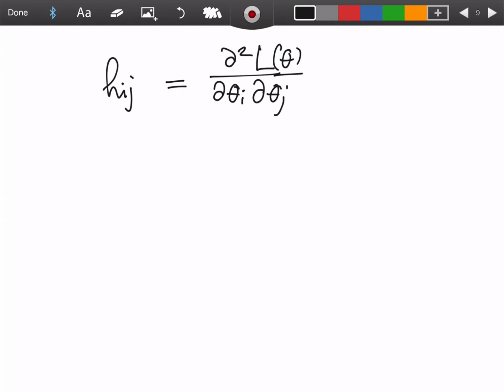You can first differentiate with respect to theta i and then with respect to theta j. So it means that, of course, Hji equals Hij. Any questions? This should be familiar, I hope.